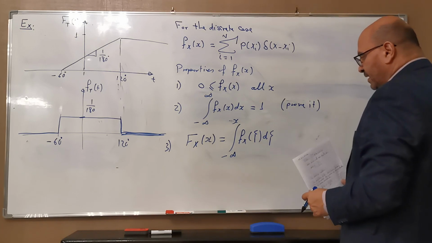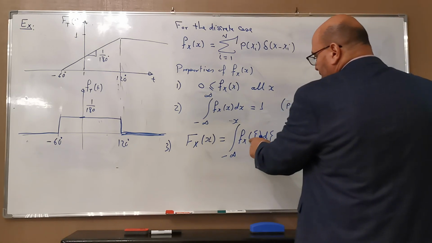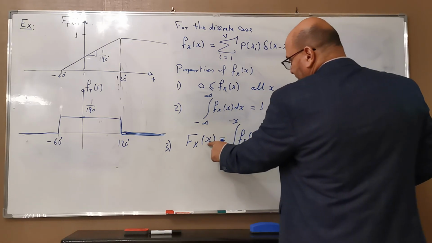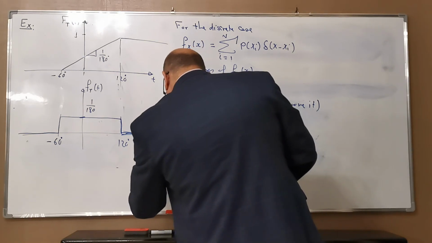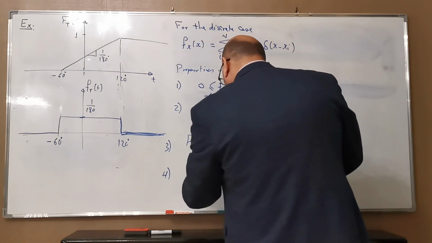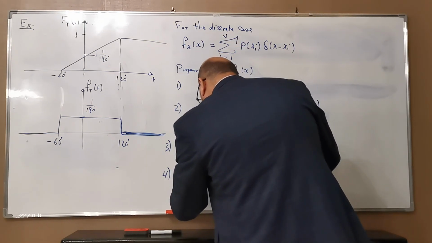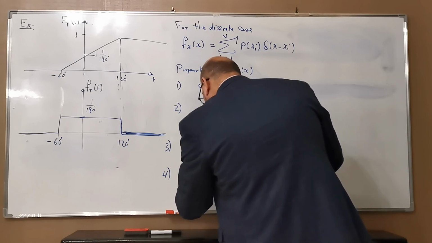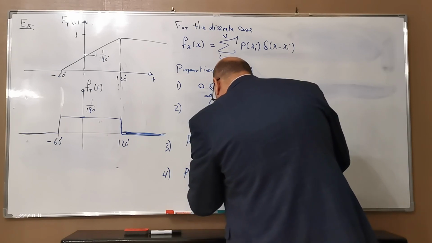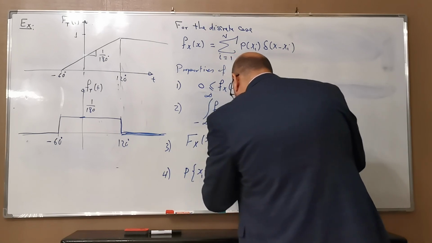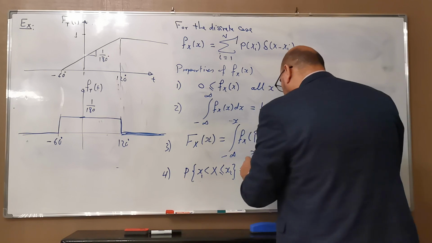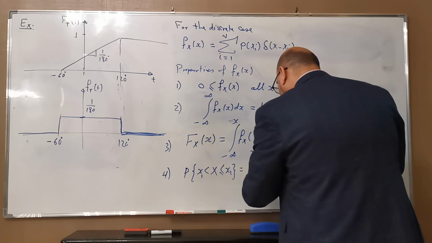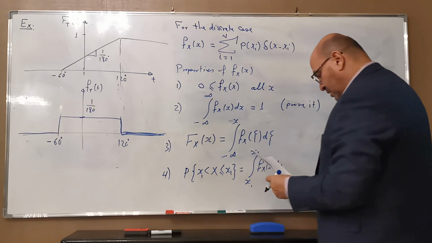Okay? And we use here the dummy variable because the upper limit here is the x that we are looking for. Okay, fourth property, the probability of x1 less than x less than or equal to x2 is equal to the integration from x1 up to x2 of fx of x dx. Okay.